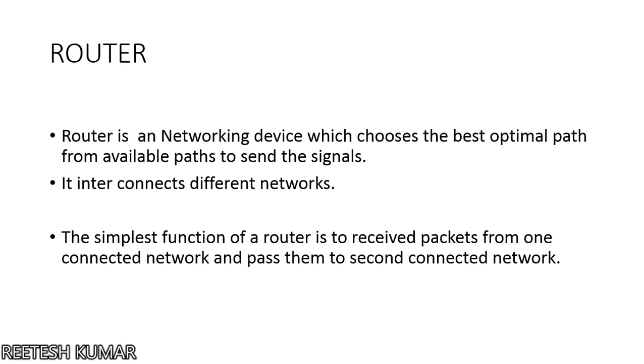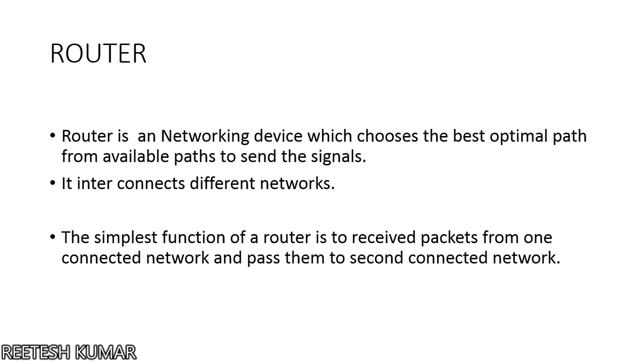A router is a network device that chooses the best optimal path from the available paths to send the signal. Actually, we see there are multiple paths available for sending the data from sender to receiver. It chooses the best optimal path on which the data can be sent.